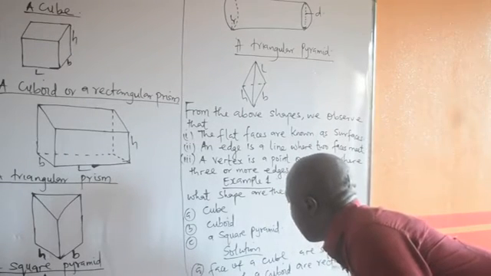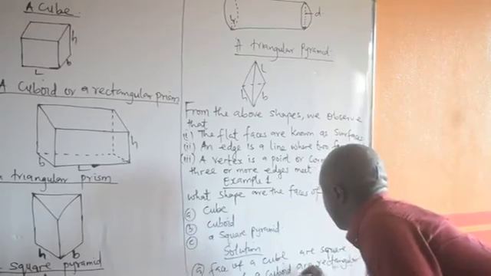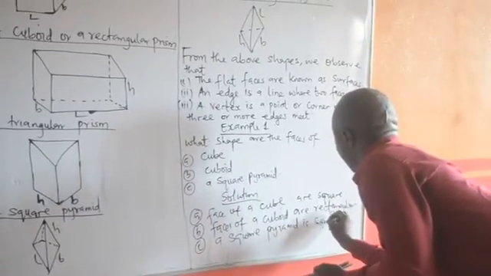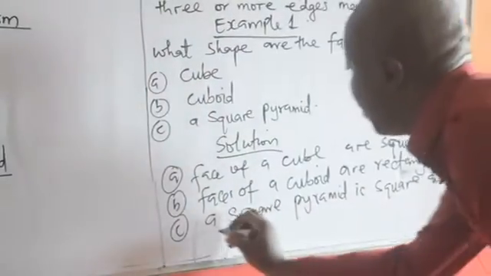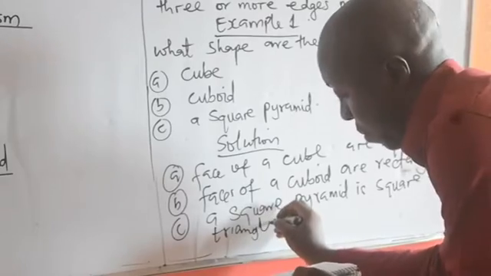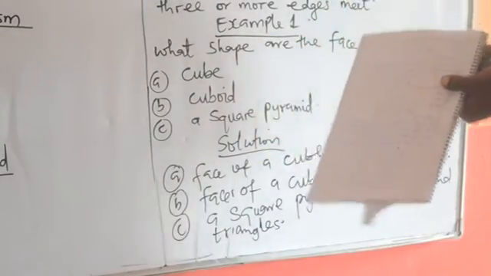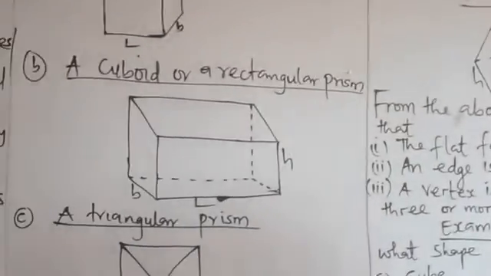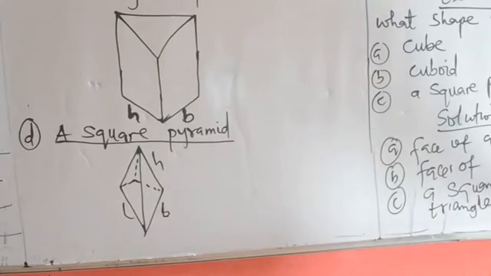While the face of a square pyramid is square and triangle. If you look at the faces of this square pyramid, it has a square shape and a triangular shape.